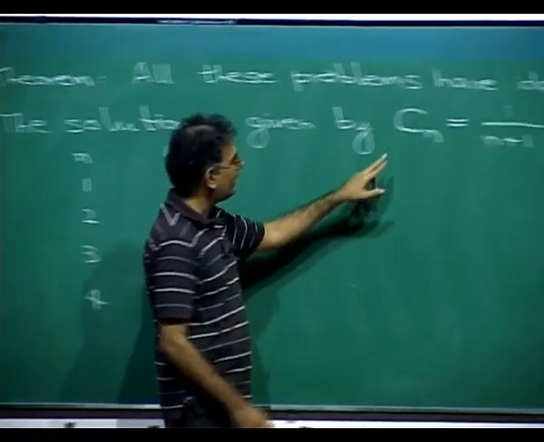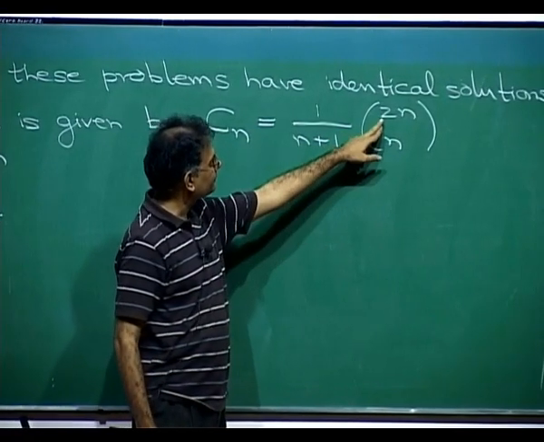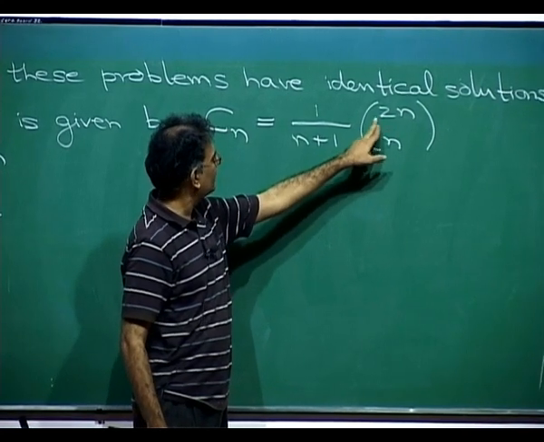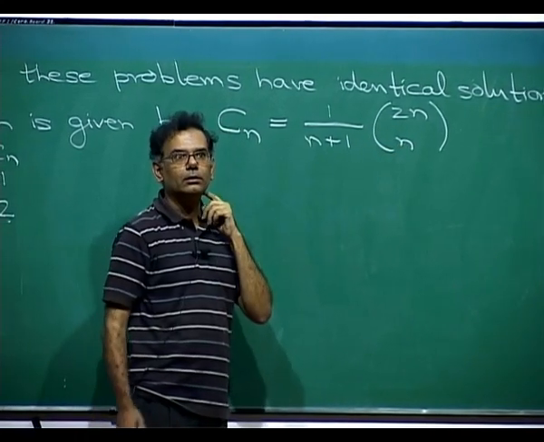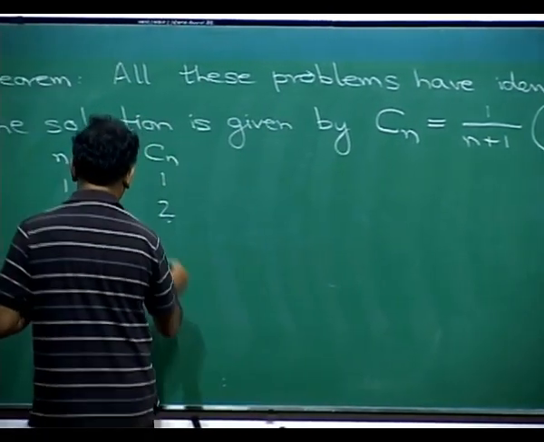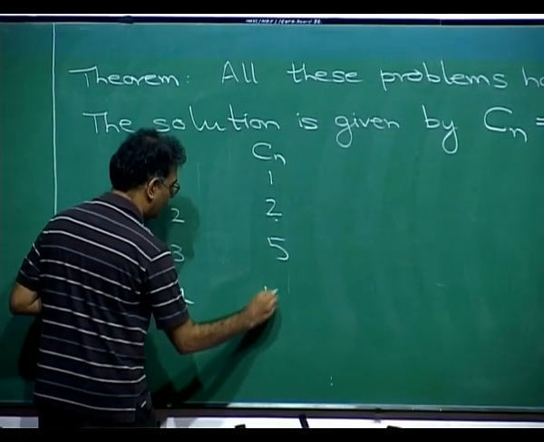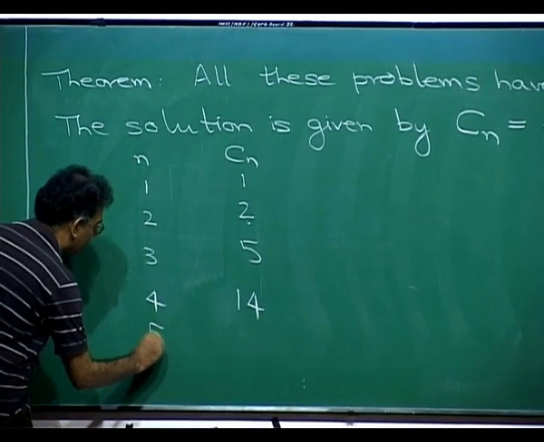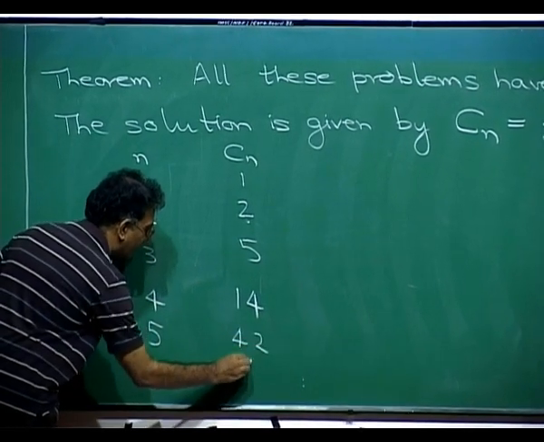And when n is 3, 1 over 4, 6 choose 3, is it? Yeah, 6 choose 3 is 20, and 1 over 4 times 20 is 5. Then 14. When n is 5, it turns out to be 42.